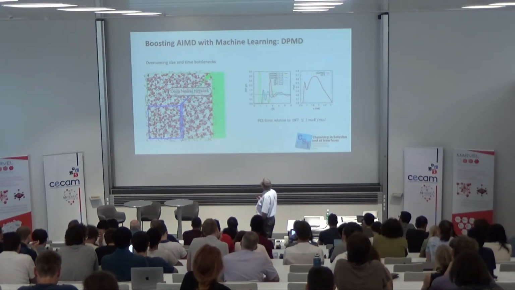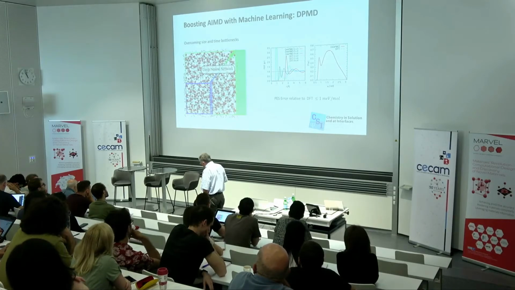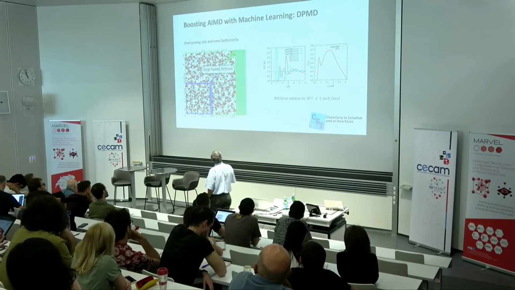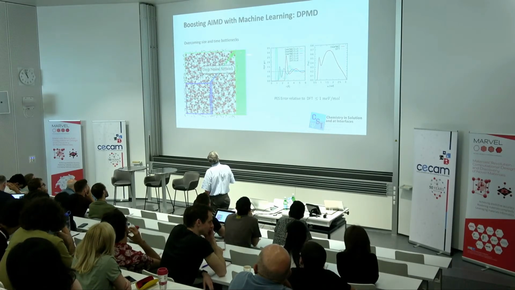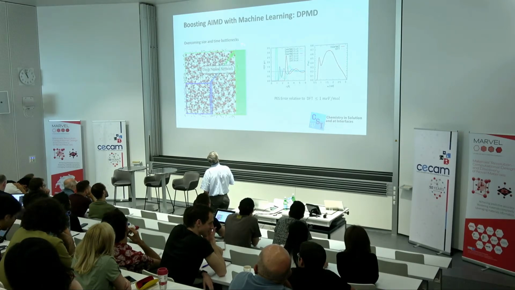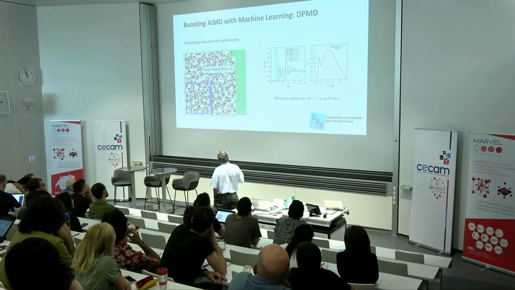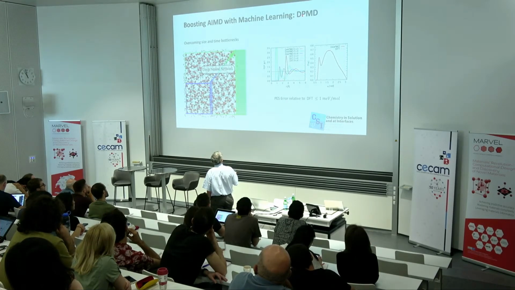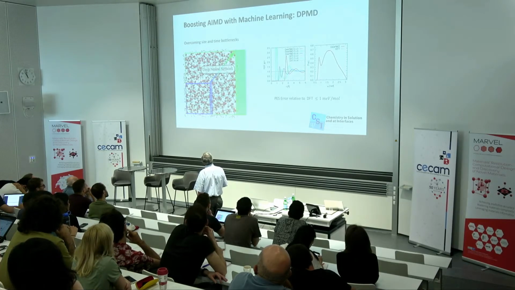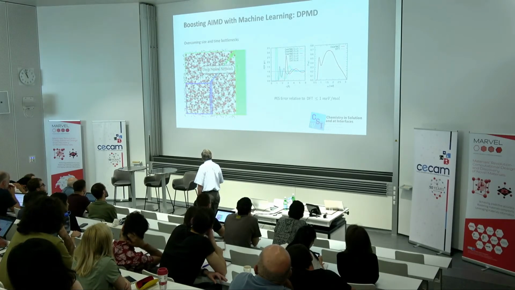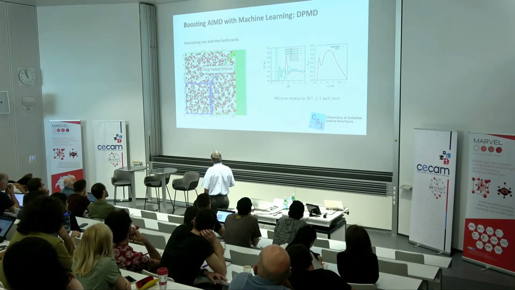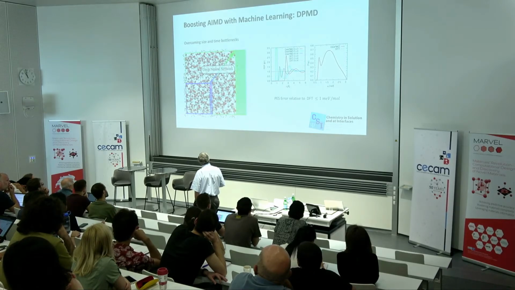So an area in which I'm very interested nowadays is boosting ab initio molecular dynamics with machine learning, and we have developed a technique based on deep neural networks that we call deep potential molecular dynamics. This is a picture that one student in the group prepared to illustrate this concept.